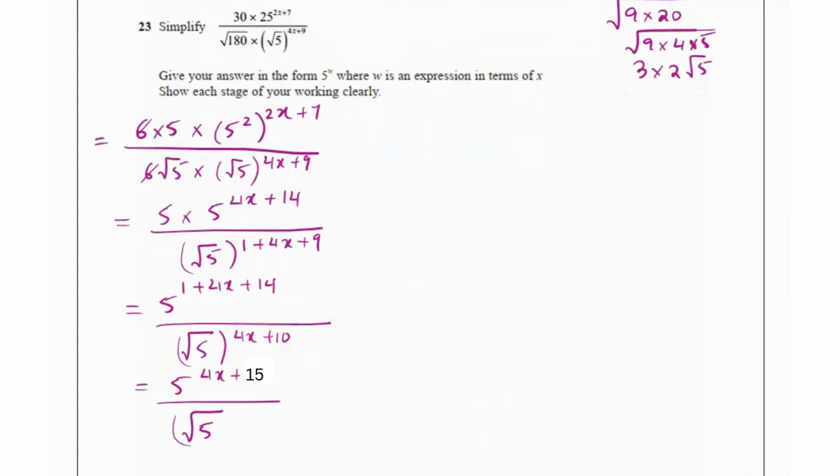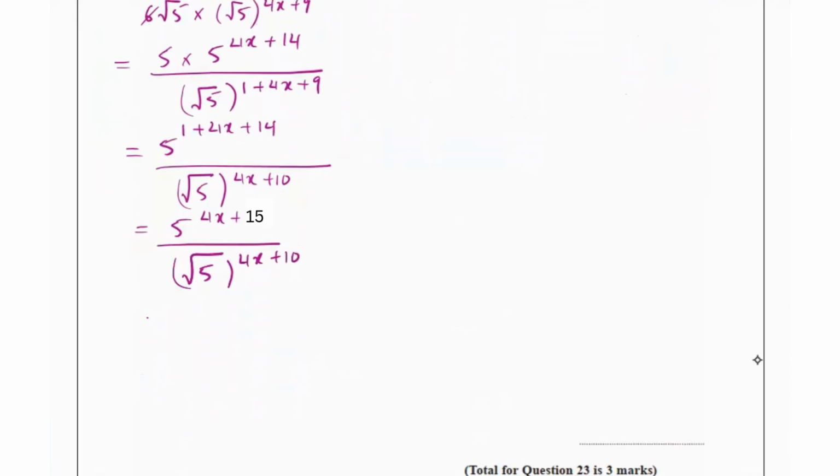So now if you notice, the root also represents a power of 1 over 2. So we can rewrite this as 5 to the whole power 4x plus 10 over 2. Because it's 1 over 2 times 4x plus 10, which is 4x plus 10 divided by 2.